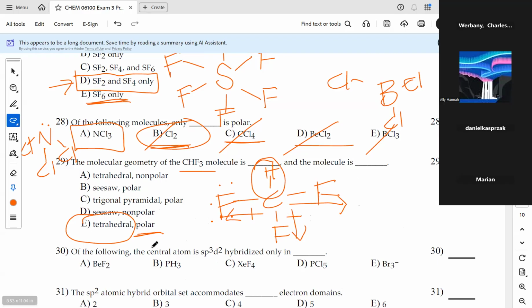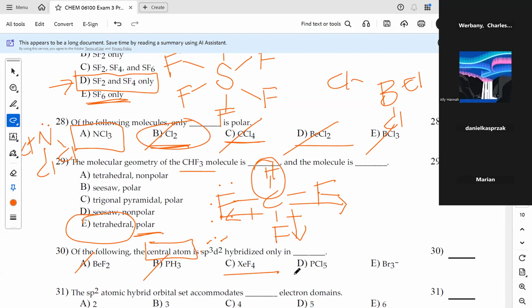So this here is saying that the central atom needs 1, 2, 3, 4, 5, 6 bonds, so we're looking for something octahedral. The only one here that we would end up with an octahedral electron domain would be xenon tetrafluoride. Beryllium only is bonded to 2 things. This is phosphine; we only have 3 bonds, 1 lone pair.